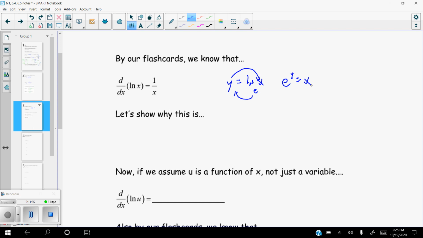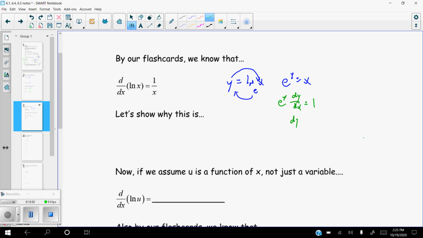So now let's go ahead and take the derivative of both sides of this equation. Well, the derivative of e to the y, that's an exponential. It says rewrite it, times the natural log of the base, the natural log of e is 1, times the derivative of the exponent. But remember, y is a function of x. So the derivative of y is dy over dx. And then the derivative of x is 1. We can solve that for dy over dx.